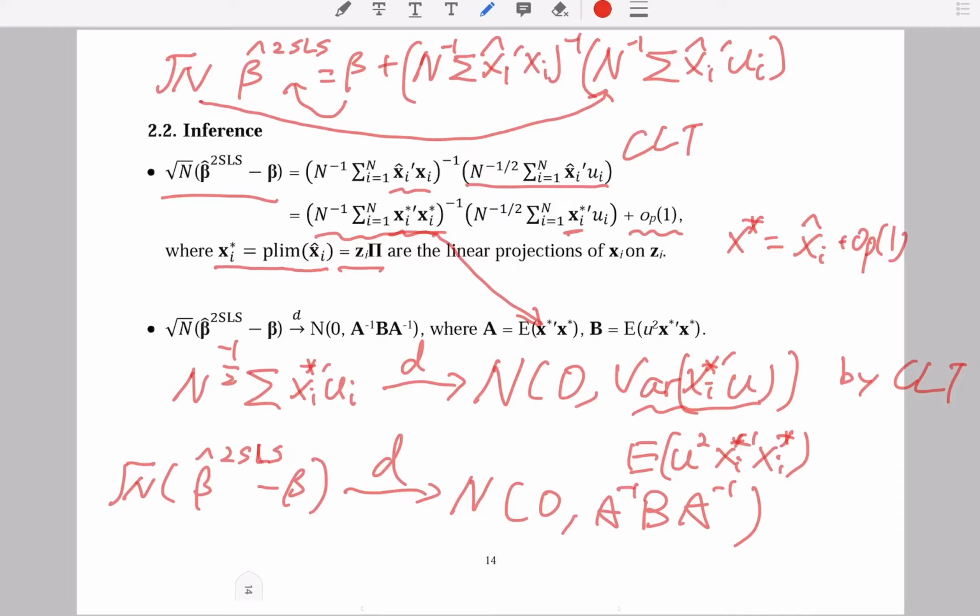Basically, we just multiply this by A inverse, so there is a quadratic form here.